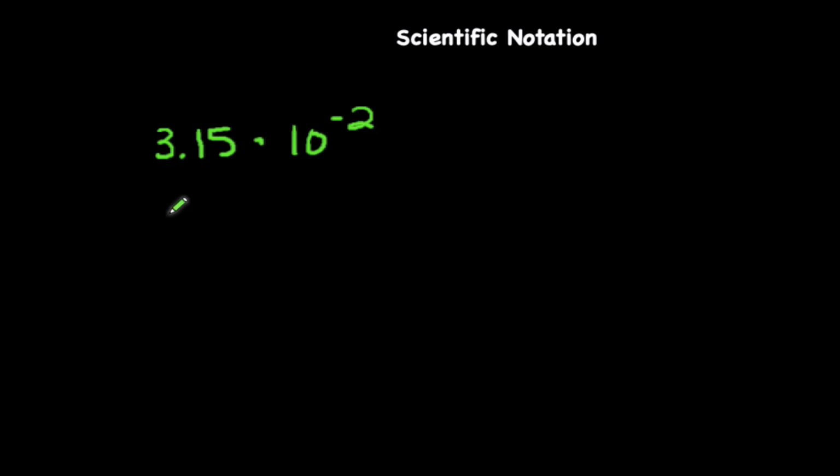So let's go ahead and break this down so you can actually see what's going on. So we have 3.15, and it's multiplied by 10 to the negative second power. So we can go ahead and rewrite this as 1 over 10 squared, or simply 3.15 times 1 over 100.